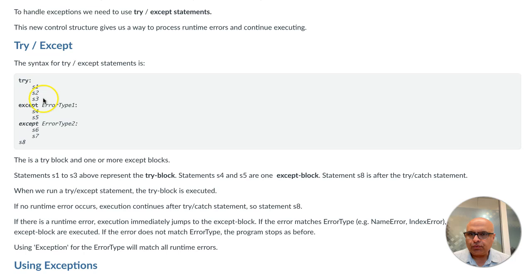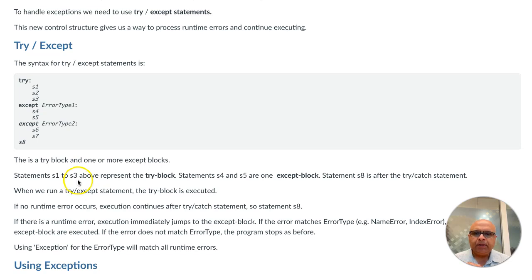There is a try block and 1 or more except blocks. In this particular case, statements S1, S2, S3 are part of the try block. Statements S4 and S5 are part of one except block, and S6 and S7 are part of the next except block. Statement S8 is after the try except statement. Now the difference between these 2 except blocks is the error type.